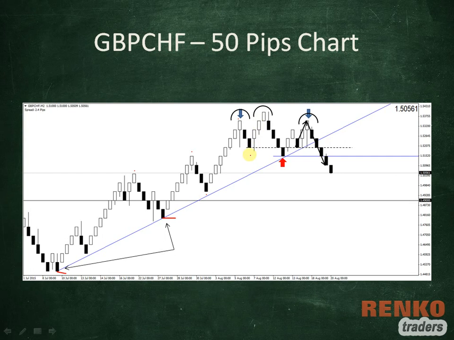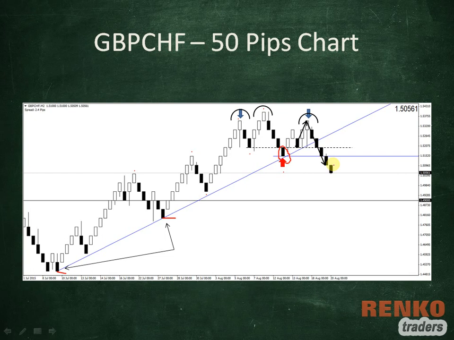Price made another higher high and a higher low, almost another higher high, but then price dropped to make a lower low. And as you can see, at this point there was a bit of confluence with the trend line, although price didn't actually decline to touch the trend line.